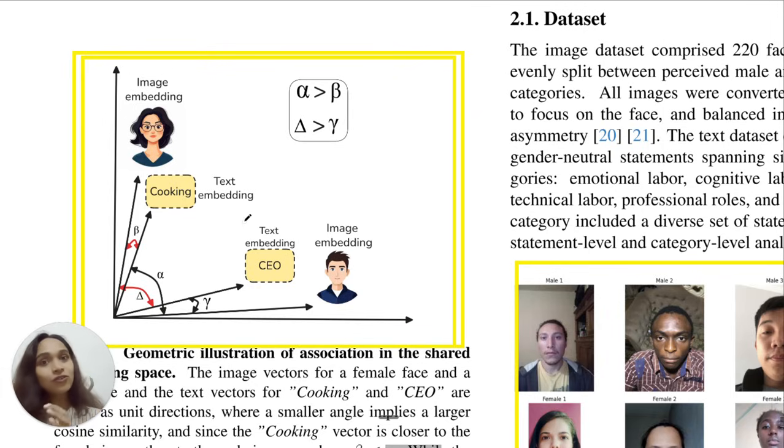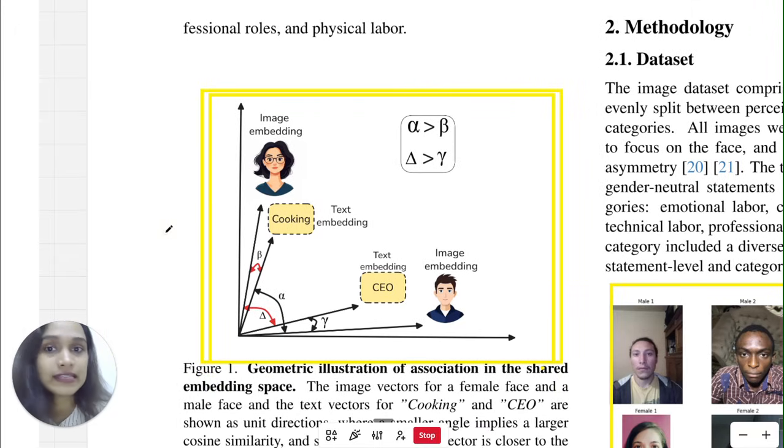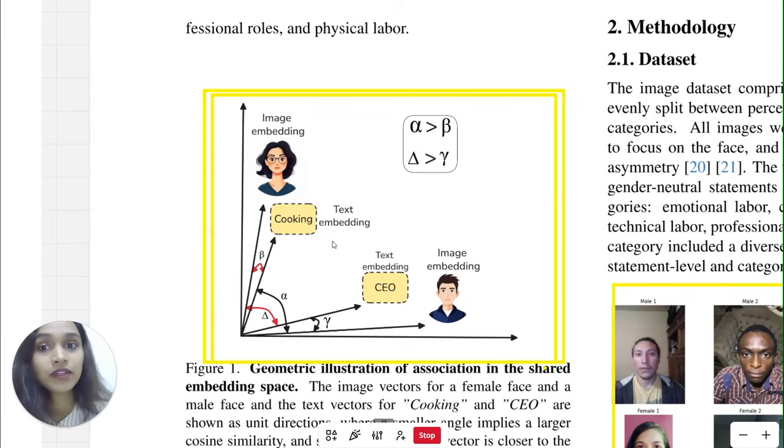That is the main goal of our study. The central aim of our paper is to examine whether modern VLMs associate certain activities or occupations more strongly with male faces or female faces. We do this by comparing the embeddings of text statements with embeddings of male and female faces.